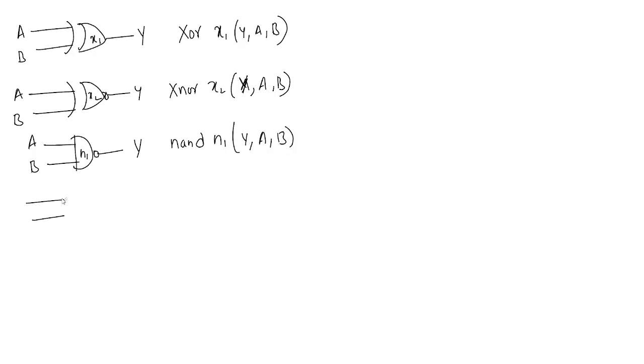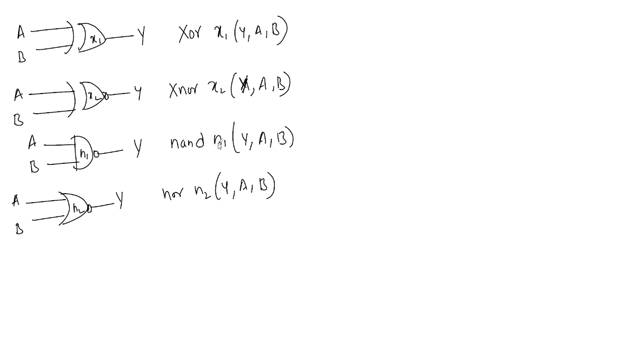Similarly, the NOR gate is there, with inputs A B and output Y. Let us take the instance as N2: nor N2 (Y, A, B). Like this we can write.